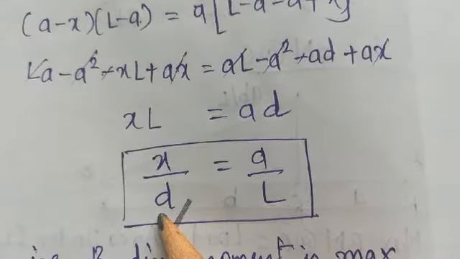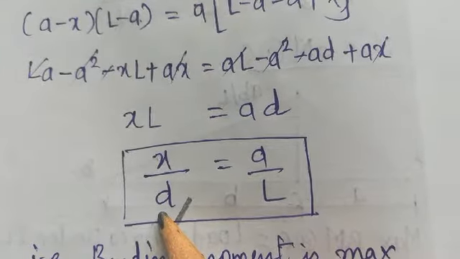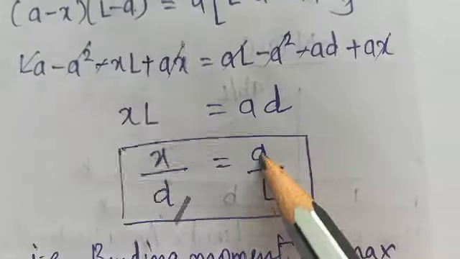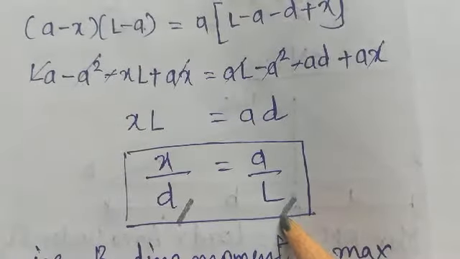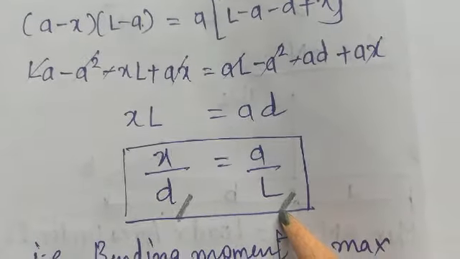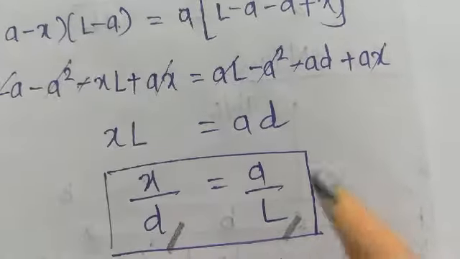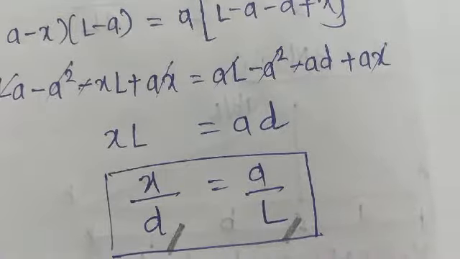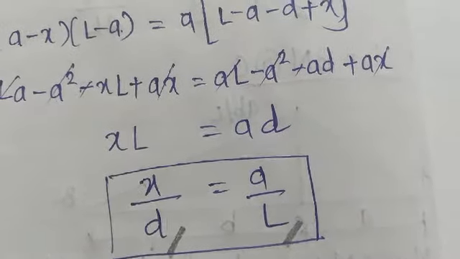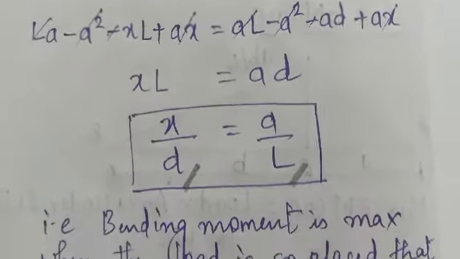X and D are related to the UDL parameters, whereas A and L are the parameters dealing with the span. So what does this ratio tell us?